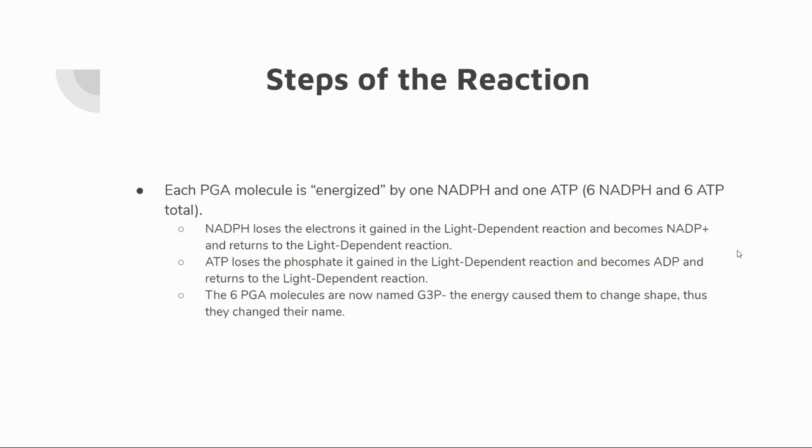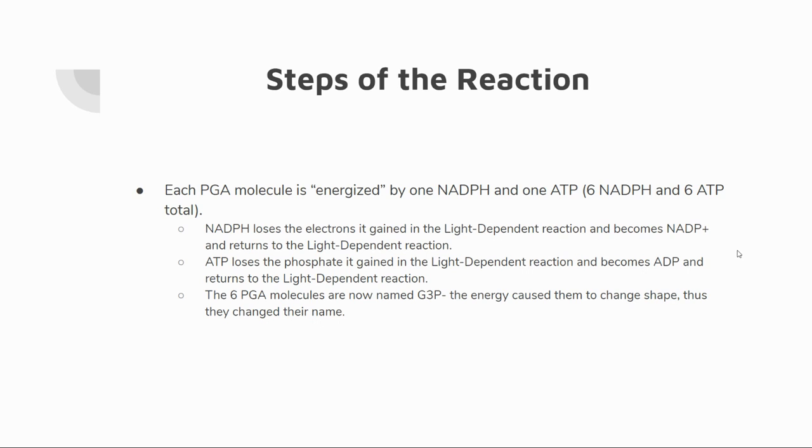That NADP+ will return to the light-dependent reaction. ATP loses the phosphate group that it gained in the light-dependent reaction from ATP synthase and becomes ADP, and returns to the light-dependent reaction to be re-energized by ATP synthase.